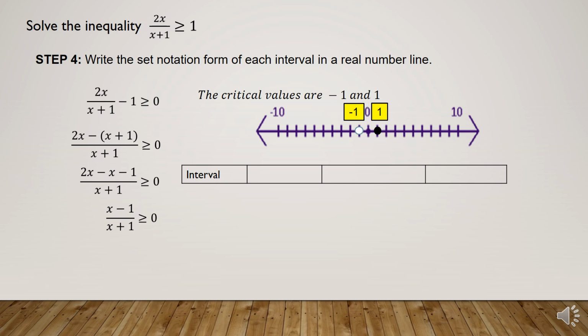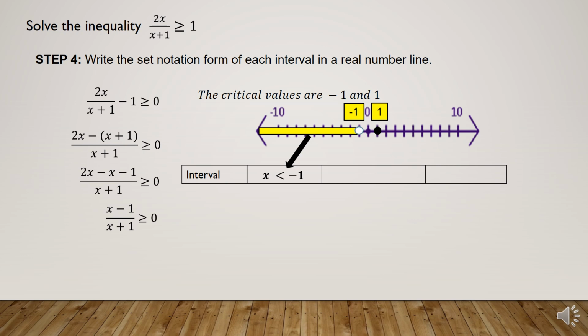Step number 4. Write the set notation form of each interval in a real number line. You have observed that we already plotted the critical values in a real number line, and it divides the real number line into 3 intervals. The first interval, we have x is less than -1.